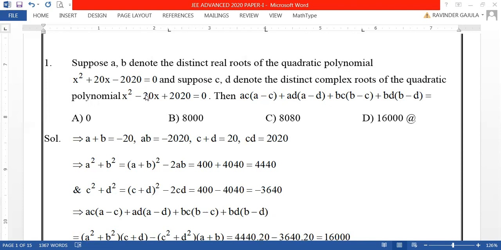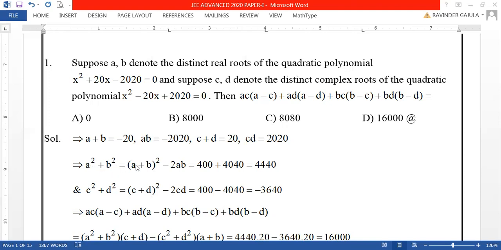And because C, D are the roots of this equation, the sum of the roots C plus D is 20. As you know the formula for the sum of the roots and the product of the roots, CD is 20. Okay. Now you can find A square plus B square as well as C square plus D square before going to the question.